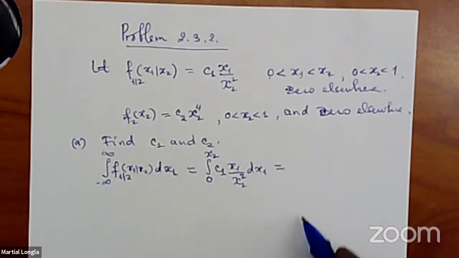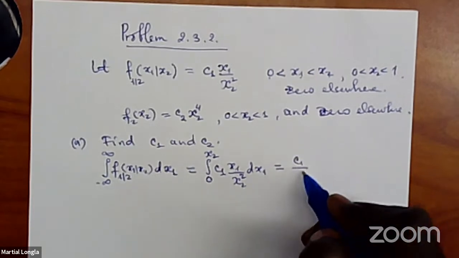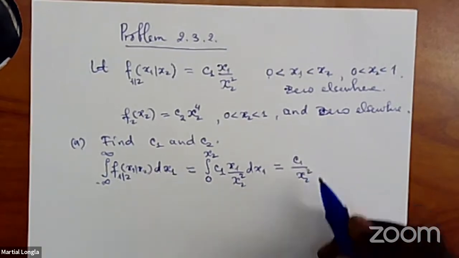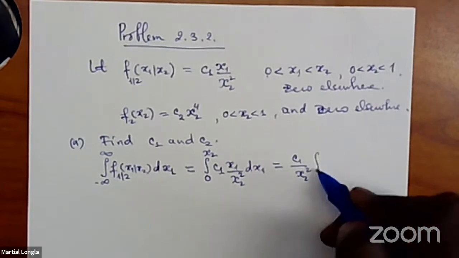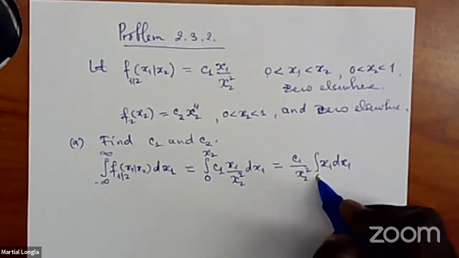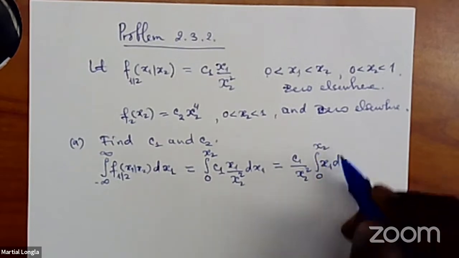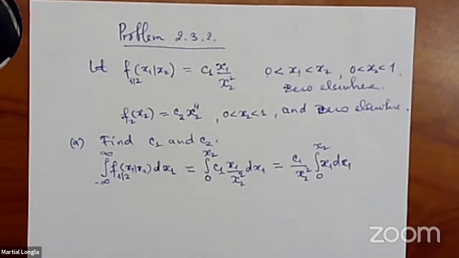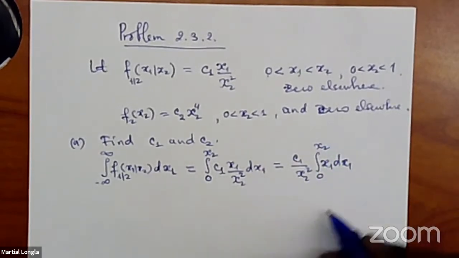And that is equal to c1 over x2 squared, because this is a constant that goes out, and we integrate only the thing that depends on x1. This integral is x1 squared over 2, plug in the values.